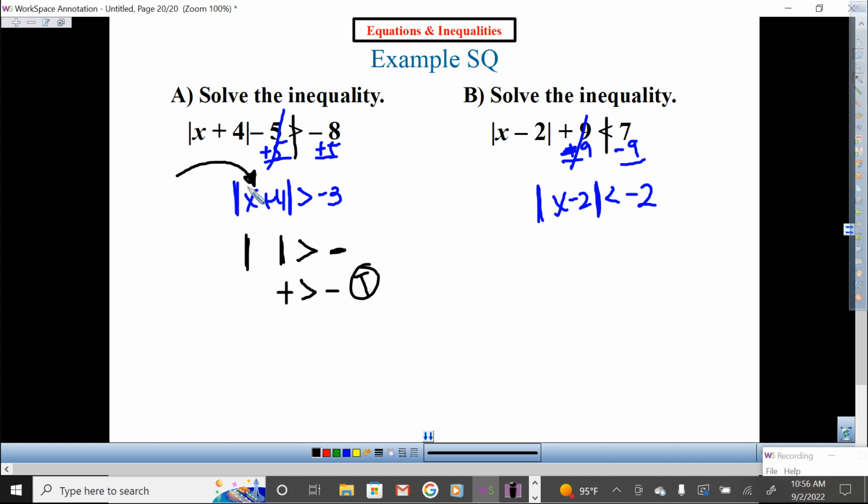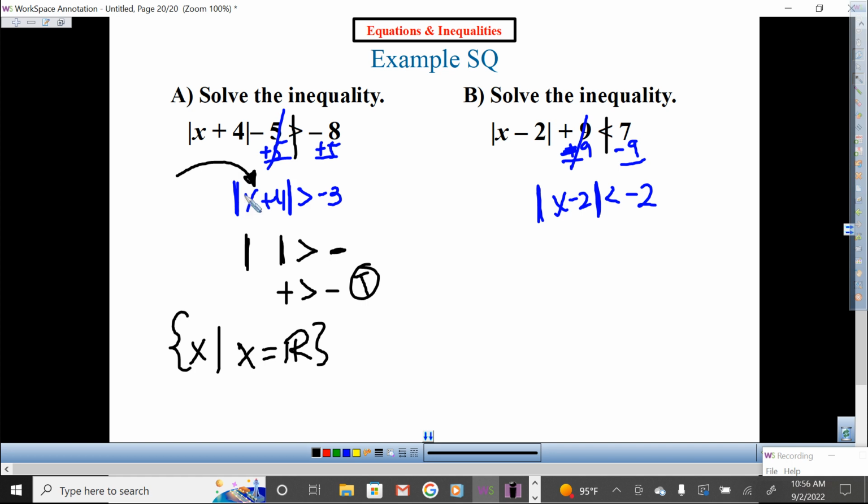Does that make sense? Therefore, whenever you get these situations where it's greater than a negative, you're going to write solution set of x such that x is equal to all real numbers. The x, we can substitute all real numbers.